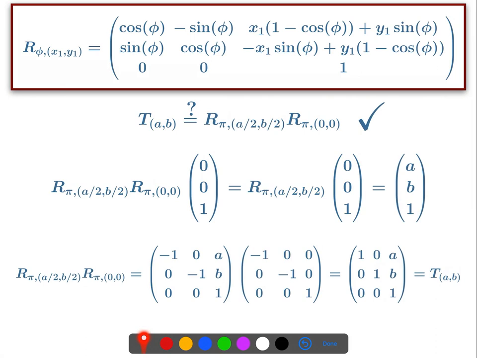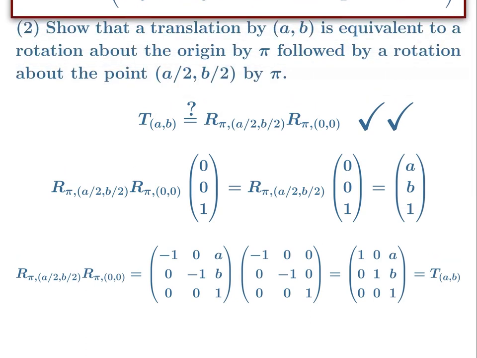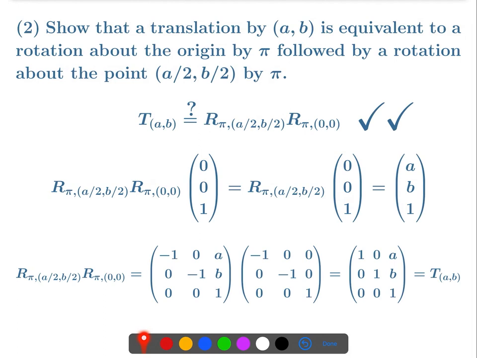And so we get, in fact, again, that this equation is true just by multiplying matrices. So that is two different ways of viewing this equation and how to prove it. And that finishes what we needed to do for problem 2. So we finished this problem.